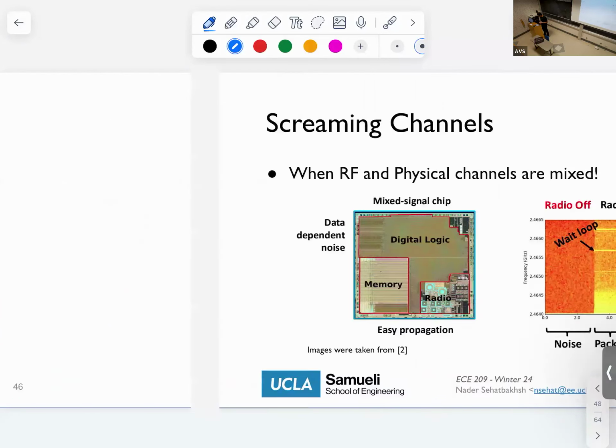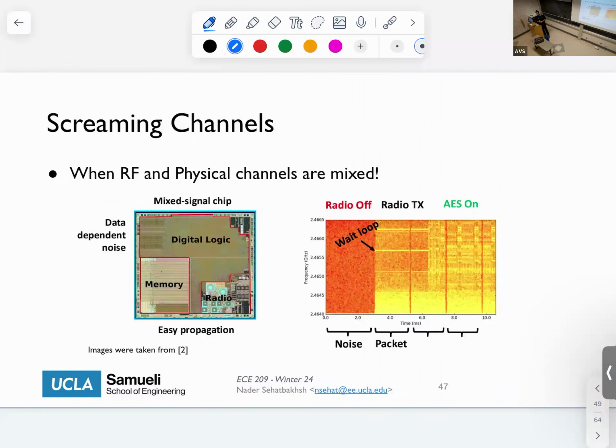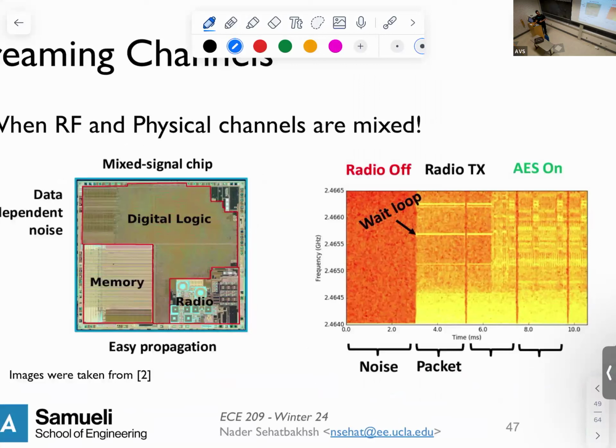There's one that's very interesting, called streaming side channels. This one is based on the fact that many of the SoCs that we have these days are what we call mixed signal chips, okay? Which means that we usually have some analog radios as well as some digital logic and some memory. So you have a digital part and an analog part sitting next to each other on the same physical chip.